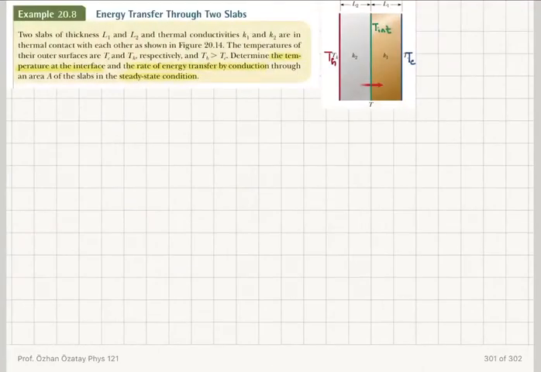And if I apply this law to material 2, the power, the rate of heat flow, should be K2, its cross-sectional area A, multiplied by delta T over delta x in absolute value. So what do we mean by x? This is the x-axis. All right, so this is going to be equal to K2 times area A, the absolute value.